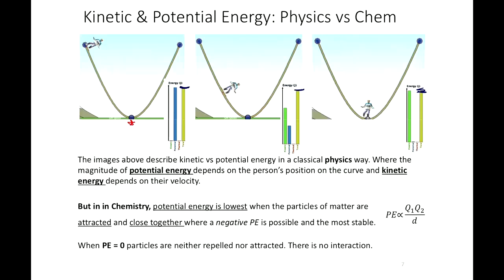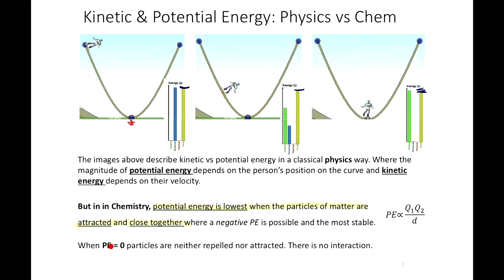So in chemistry, and this is one of the mantras you should say to yourself over and over and over again this weekend, potential energy is actually the lowest when particles of matter are attracted to one another and close together. And this usually results in negative values, and that's good. Right? And so this is definitely different from our physics definitions, all right?